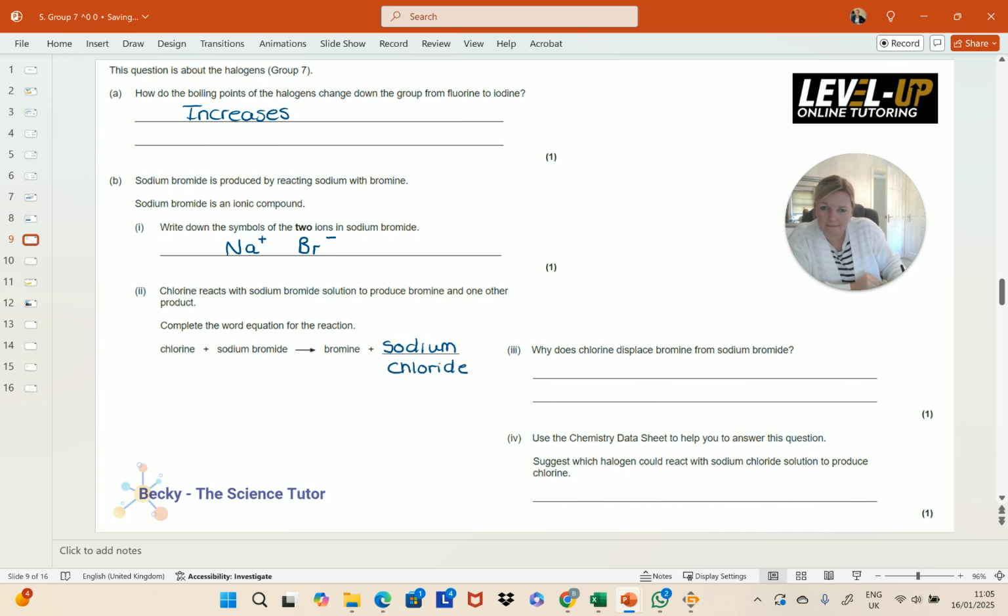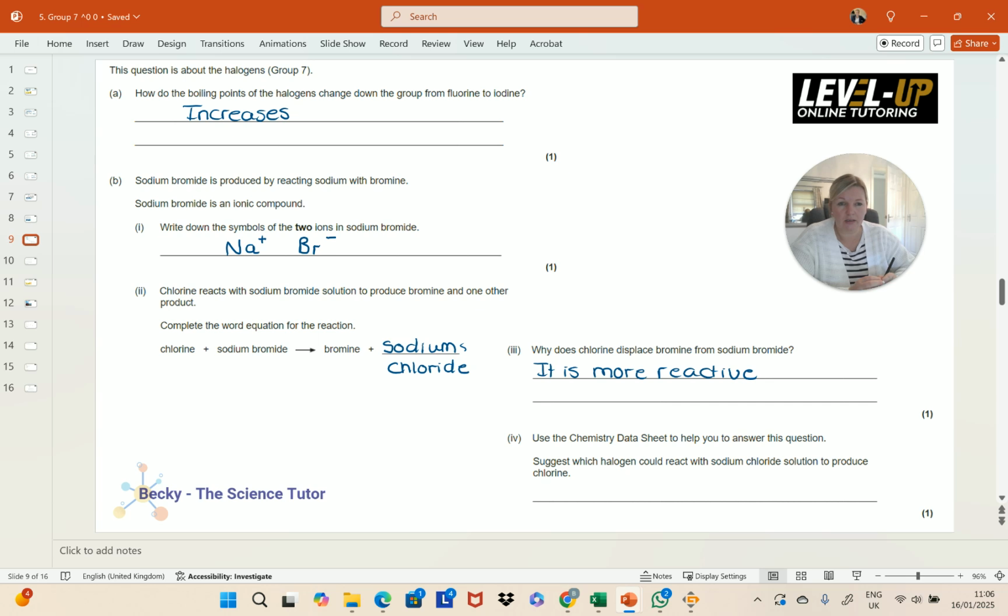Okay. Why does chlorine displace bromine from sodium bromide? Because it's more reactive. And then the final one says suggest which halogen could react with sodium chloride to produce chlorine.